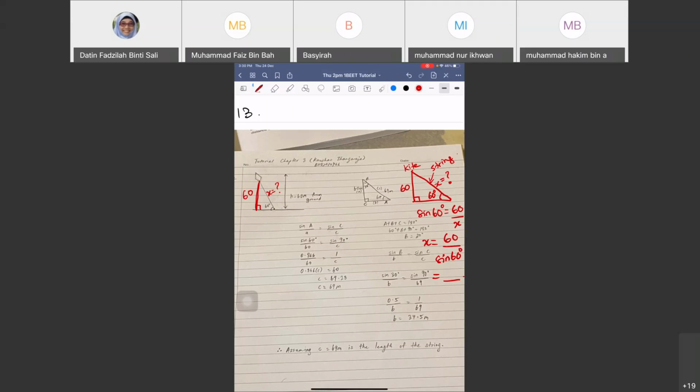Okay, so that means roughly 69. Which means that's the one. So no need for this, only this part. So this one is using the law of sine. So that is question 13.